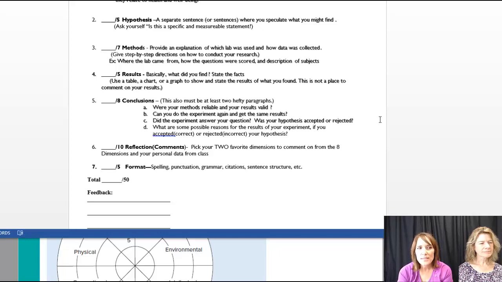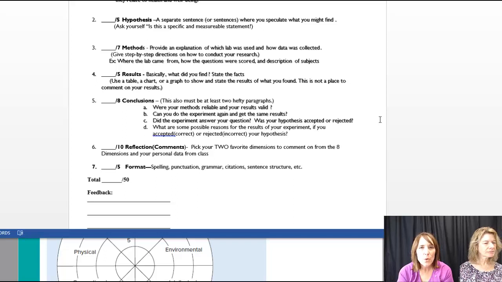And then what are some of the reasons for the results of your experiment, whether you accepted your hypothesis or you rejected it? And the final area of your lab report is the only area where you are giving your opinion about this experiment. And so this is your reflection area or your comments area.